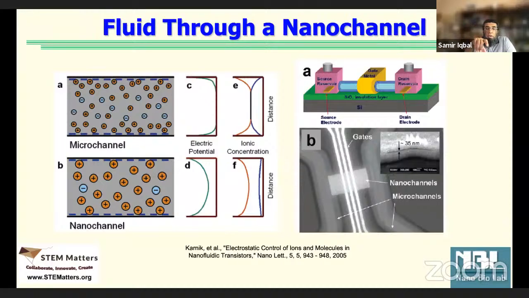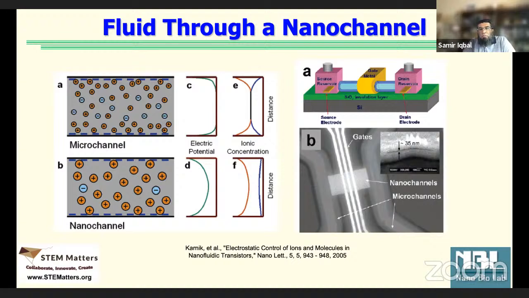But when we go to nanoscale, which is the nanochannel shown below, the effect of the electric potential from the surface does not die down even in the middle, which means there is going to be an effect on the ionic concentration. So if the surface is positively charged, it's going to repel positive charges, and it's going to have much more negative charge.